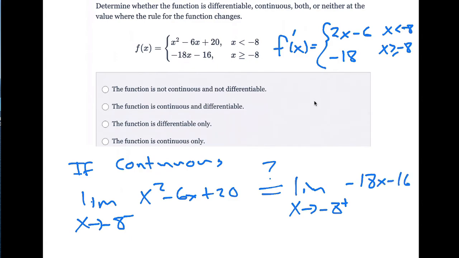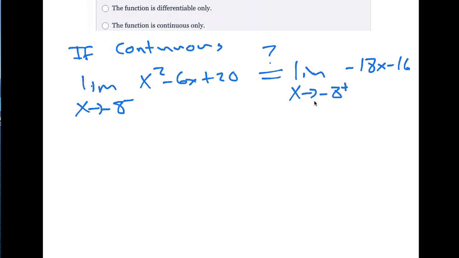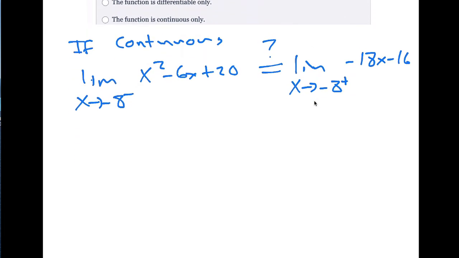We can do both of those with direct substitution and figure out if these limits exist and what they are. If they're equal, then we have continuity. But if they're not equal, we don't have continuity, and therefore we would never have differentiability.